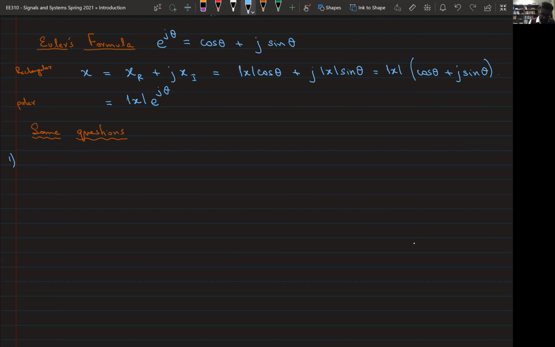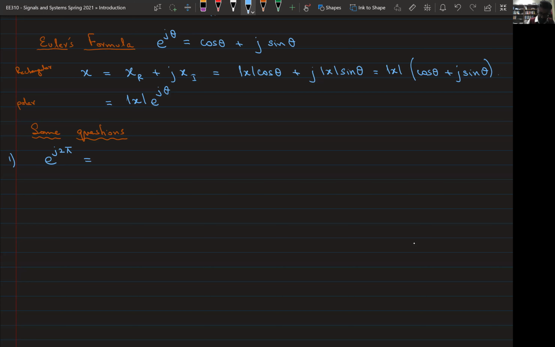what do you think e raised to power j 2 pi should be equal to? Right. So all I've done is replace theta with 2 pi, and replace the absolute value of x with a 1. So what would this be equal to? Sir, cos 2 pi plus j sine 2 pi.